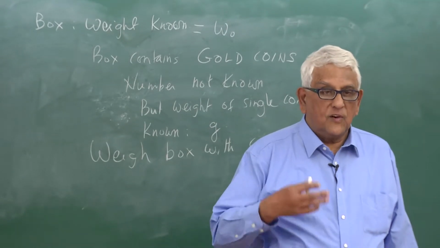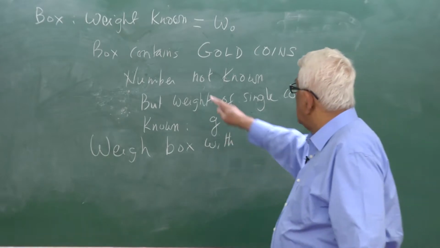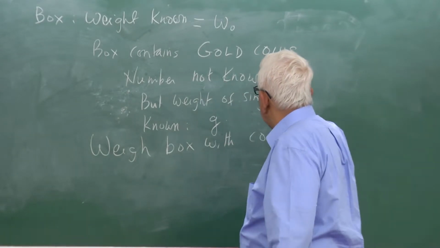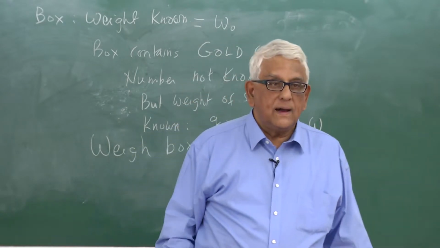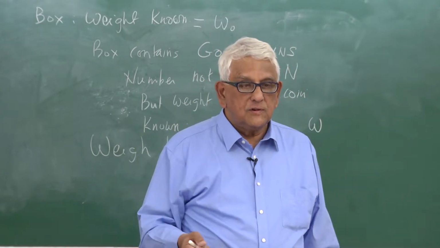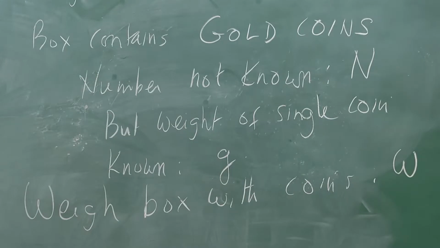Right? And there is an unknown, which is the number of coins, which is not known. We introduce a symbol n. So we have the empty box W0, the box with the coins is W, the weight of a single golden coin is G, and we want to find out how many coins are in the box without opening it.